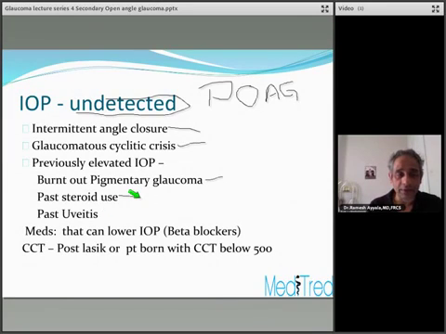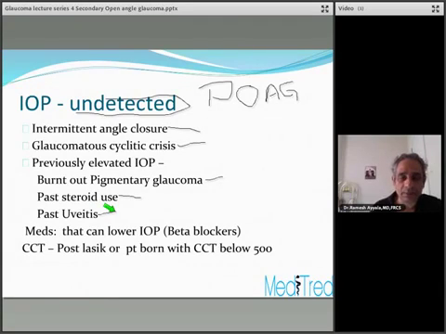Past history of uveitis: again, these patients, look for PAS formation or old KPs and a history of redness, and especially in the area that I practice, sarcoidosis is pretty common to present this way. Look at the history of their medications, especially if these patients are on beta blockers for any reason, for hypertension. It can lower the intraocular pressure when you examine the patient.